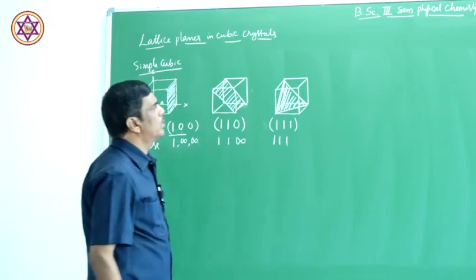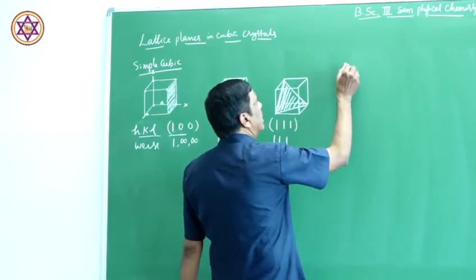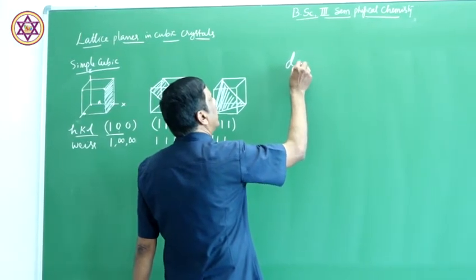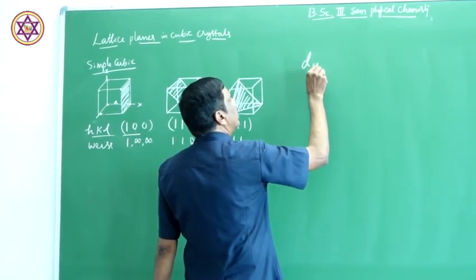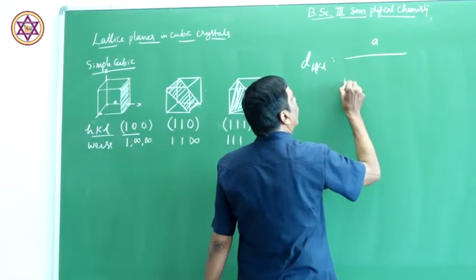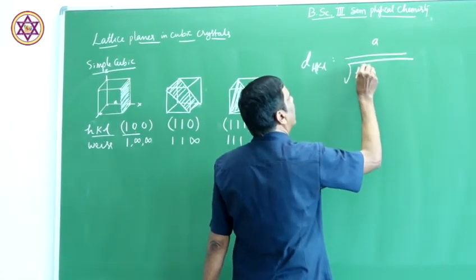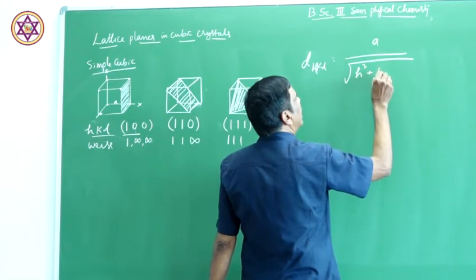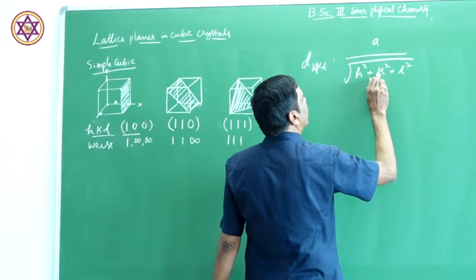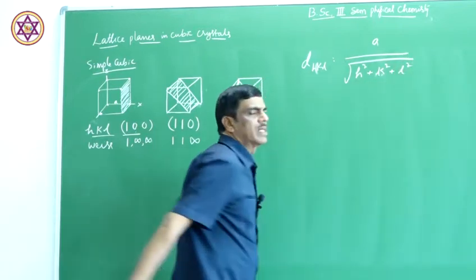We can derive an expression to find out the distance for these parallel planes. d HKL is equal to a by square root of h square plus k square plus L square.